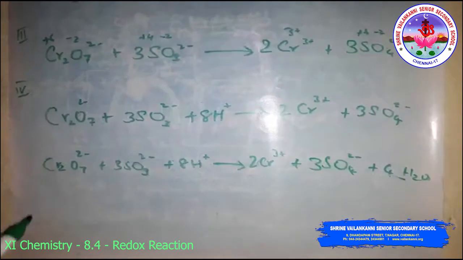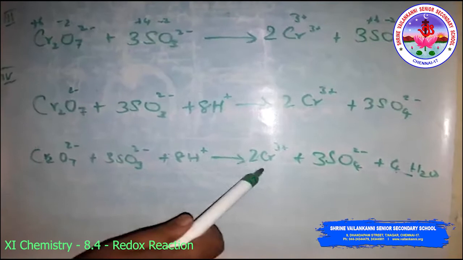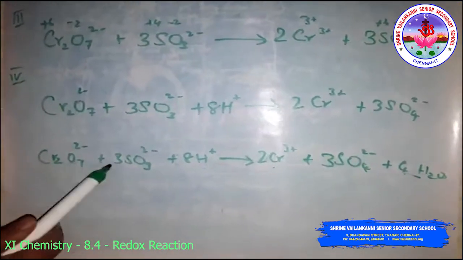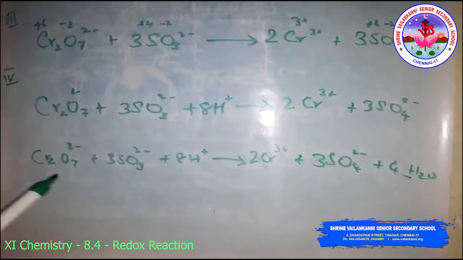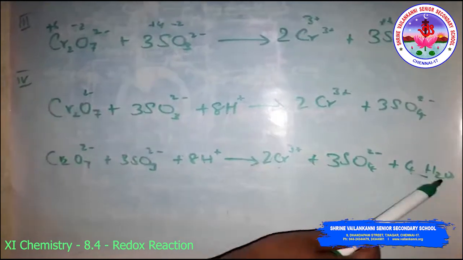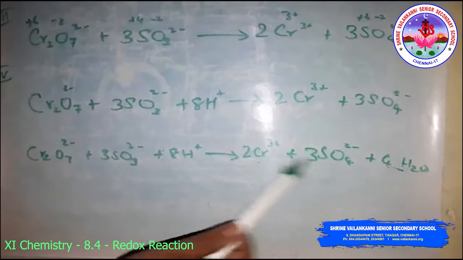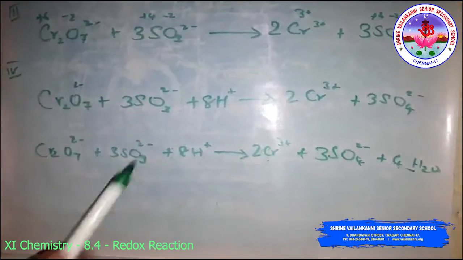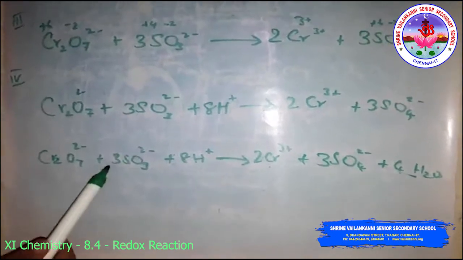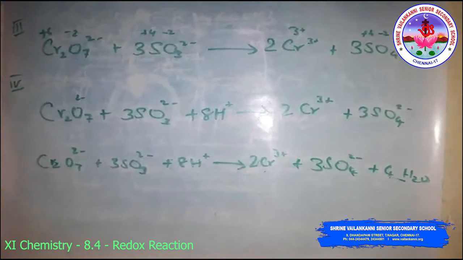Chromium: 2 on the left and 2 on the right. Oxygen: 7 plus 9, 16 on the left; on the right, 3 into 4 is 12, plus 4, 16 oxygens. Hydrogen: 8 and 8. Sulfur: 3 and 3. So the equation is balanced.